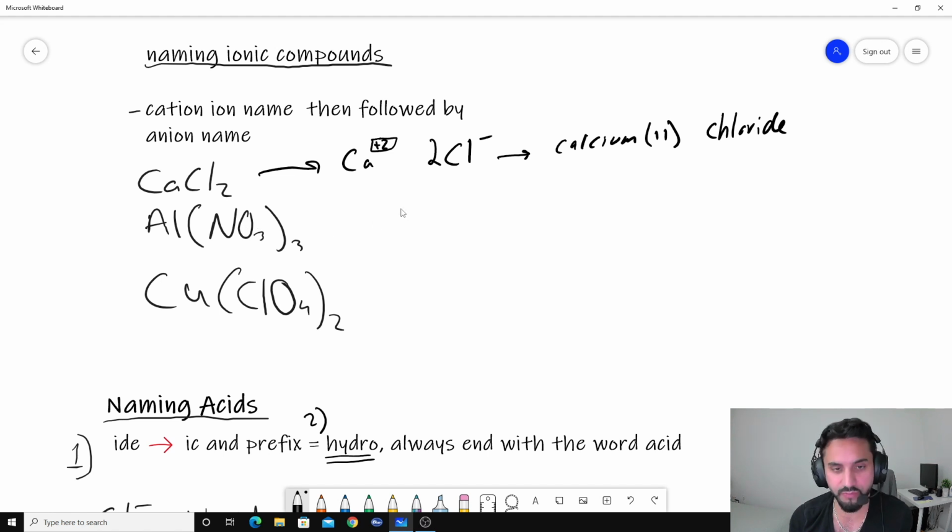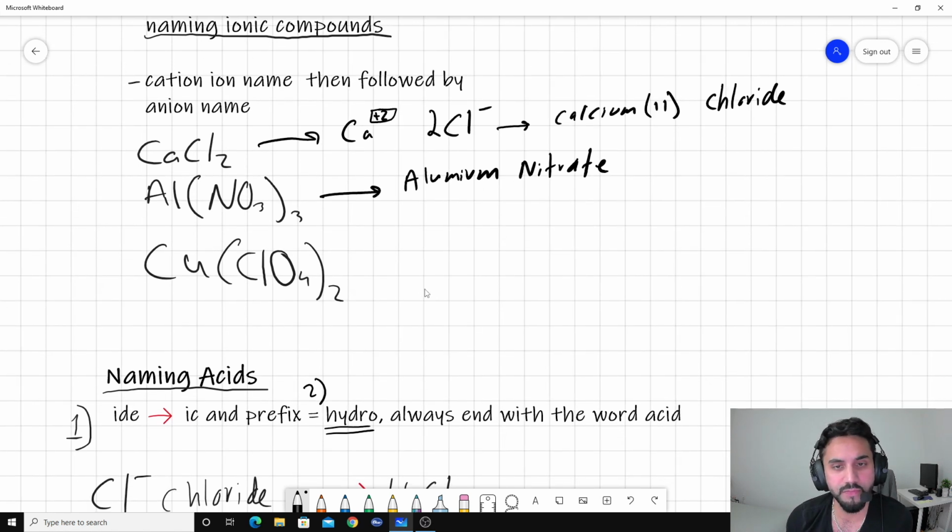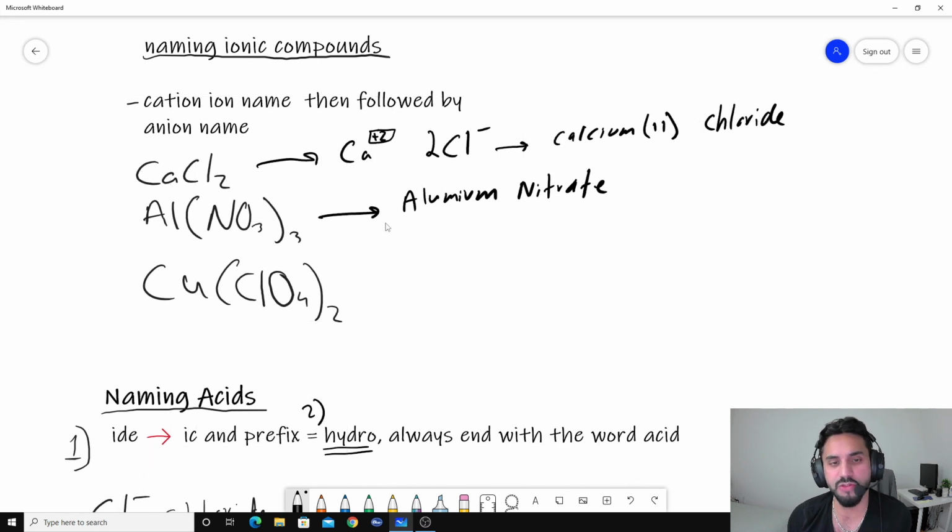So we name this like this: aluminum nitrate. So this is aluminum nitrate, and we don't need to specify the charges because aluminum is not a transition metal. We actually know its charge is plus 3.